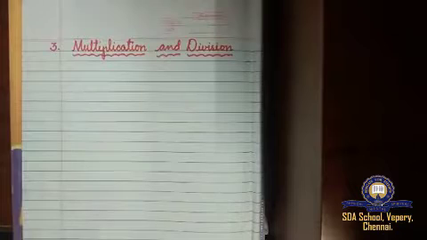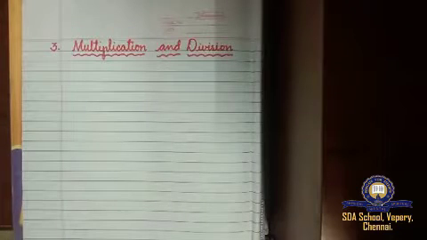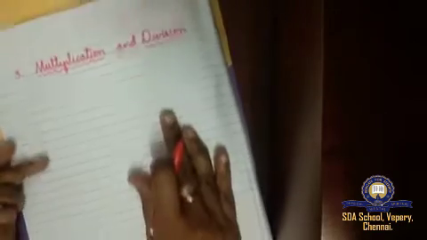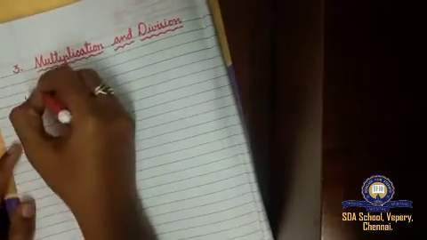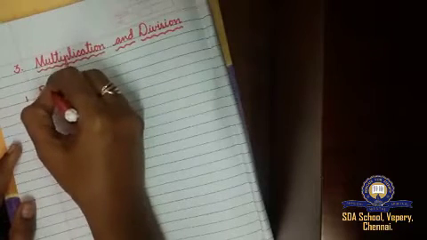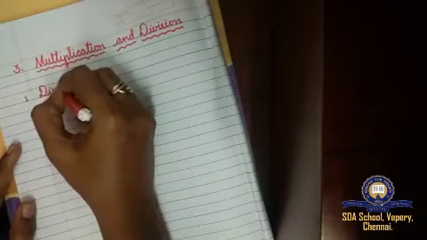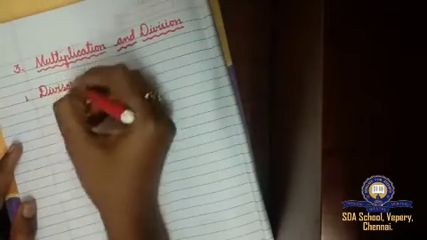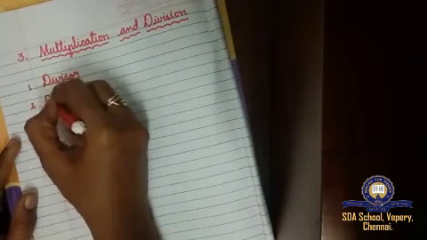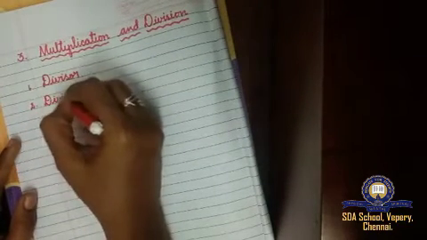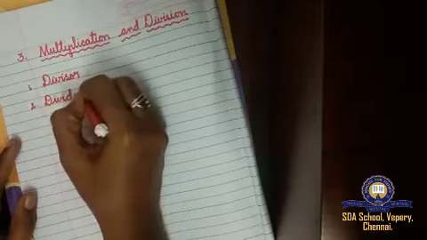In division there are 4 main words which we are going to use. The first word is divisor, D-I-V-I-S-O-R. The second word is dividend, D-I-V-I-D-E-N-D.